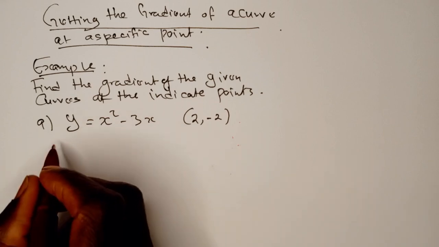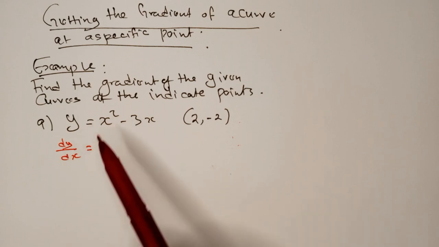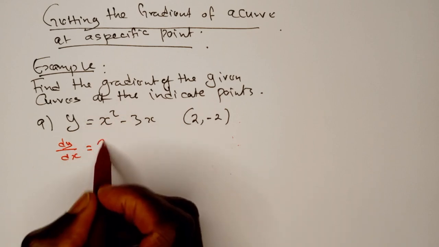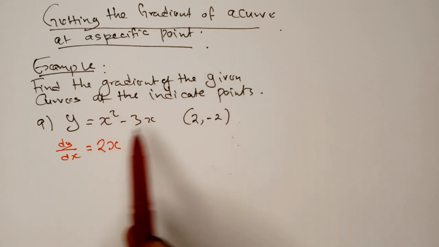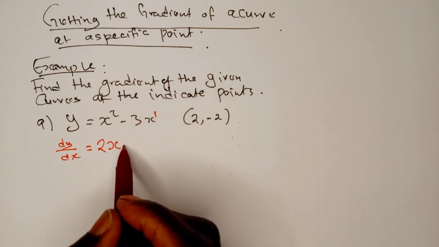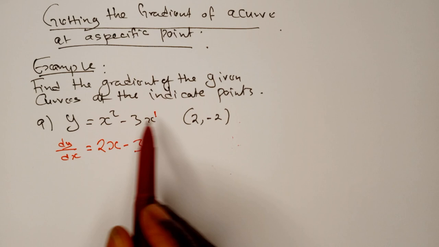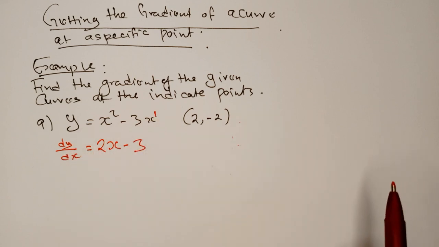So you just come and say our dy/dx will be, differentiate this one, 2 times 1 is 2, x raised to 1. If you minus 1, that will be 1. Then if you differentiate this one, this is like x raised to 1, so it is 1 times negative 3, this will be negative 3. Minus 1 will be x raised to 0, so that will be your gradient function.